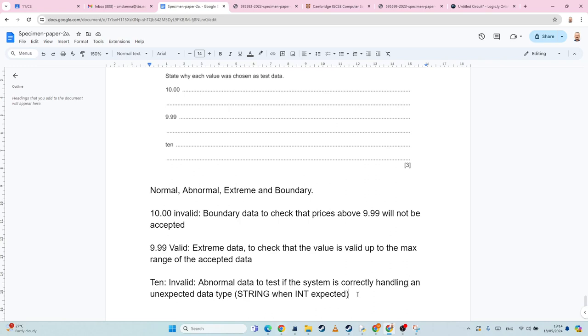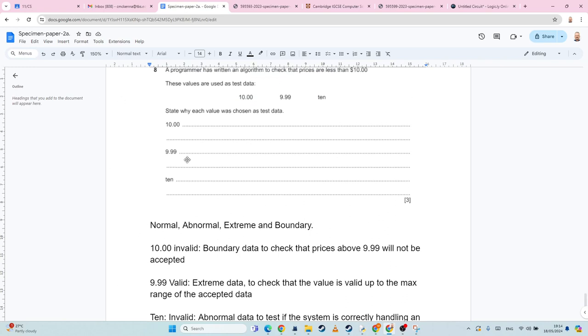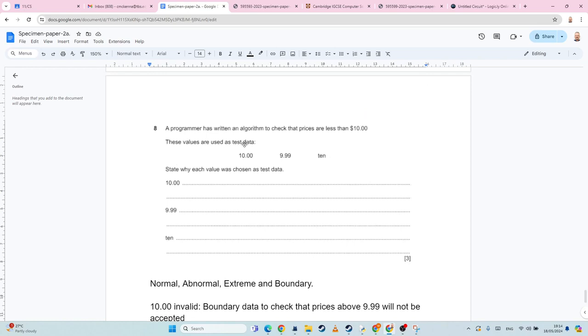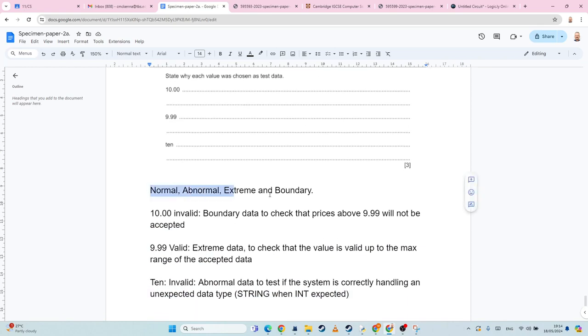Okay, so again, whenever you see test data, your first thought should be these 4 words, and then you should be working out what it is. So normal is stuff that is accepted, abnormal is things that are not accepted or invalid. Extreme and boundary is where people get confused.